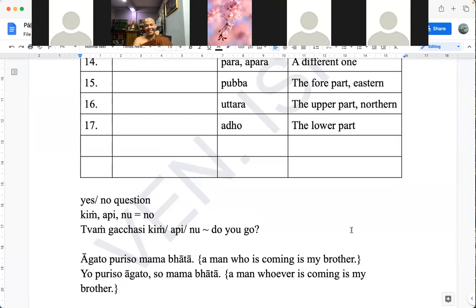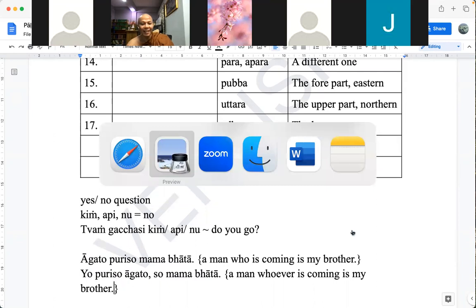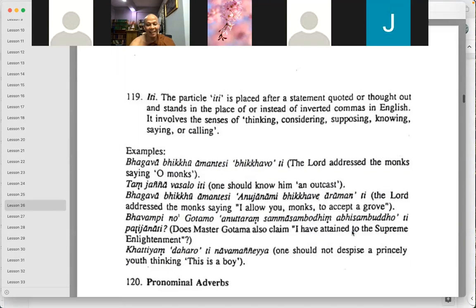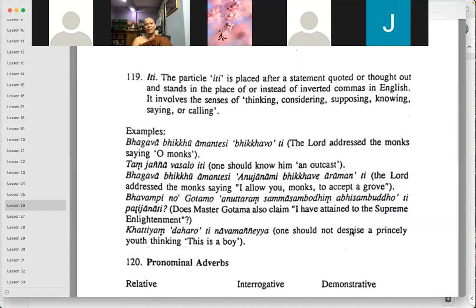This is about iti. What is the cut-off of the sentence or the word that becomes the iti with the quotation marks? Because in the real Pali text there are no quotation marks, so how do I know where the cut-off is?